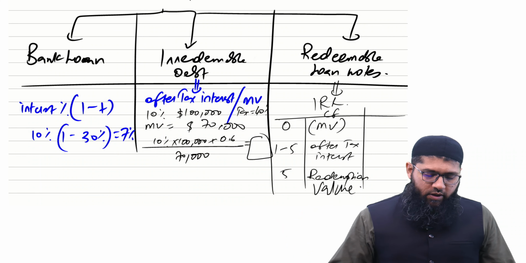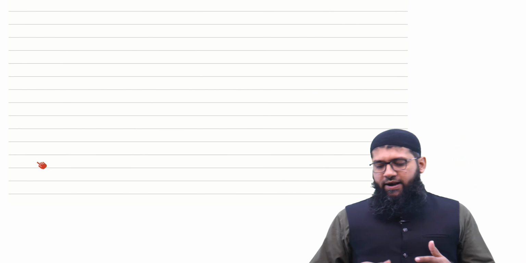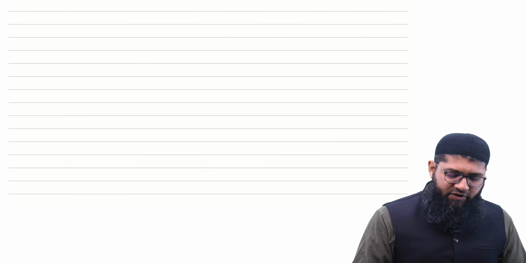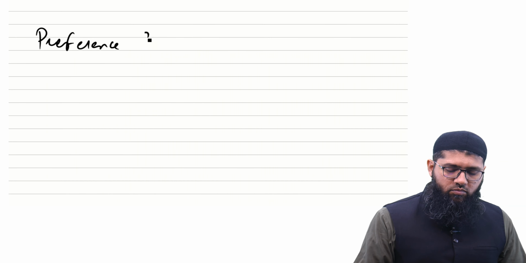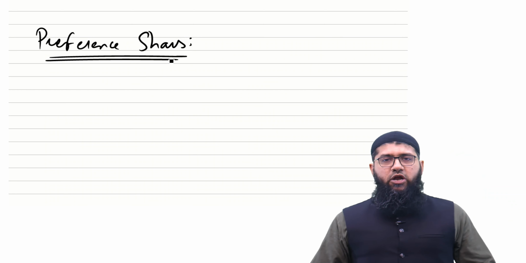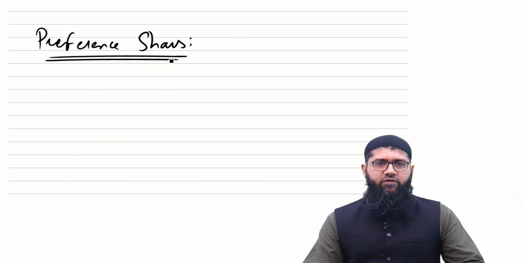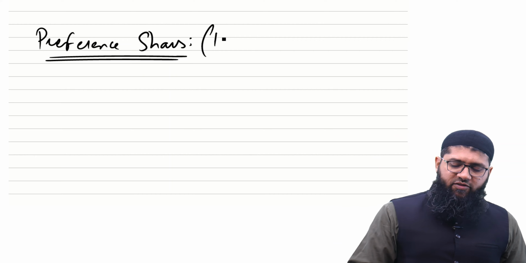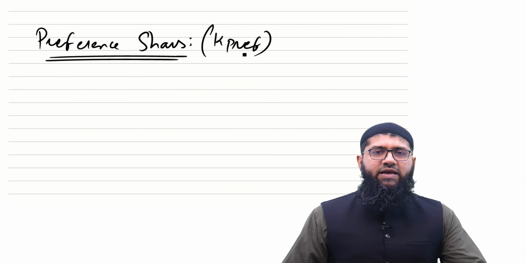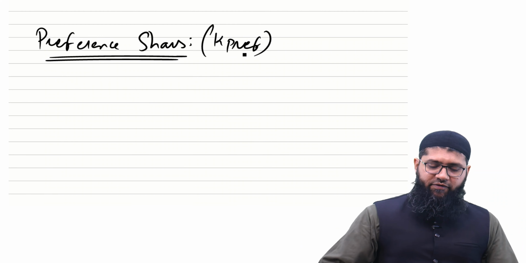Now, let's move a bit forward and discuss the other aspects, which is that at times you have preference shares also. When we talk about preference shares, it's basically K preference shares, the cost of preference shares.